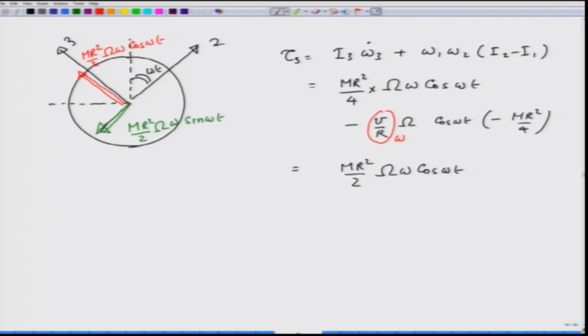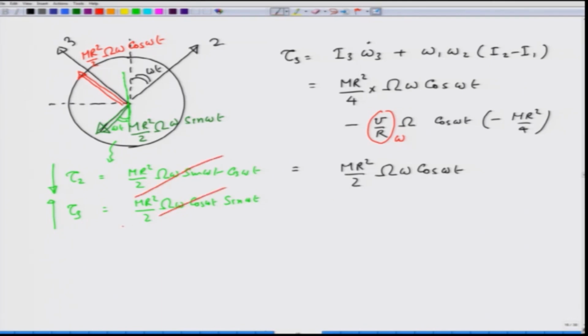If you take the components in the vertical direction, if I take these components, they are going to cancel, because tau 2 vertical component is going to be equal to mr square over 2 capital omega omega sine of omega t, and this angle out here is again omega t, cosine of omega t, and tau 3, which is going to be in the up direction, is going to be mr square over 2 capital omega omega cosine of omega t times sine of omega t, and therefore, these two terms cancel.